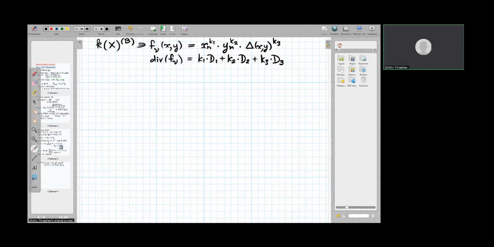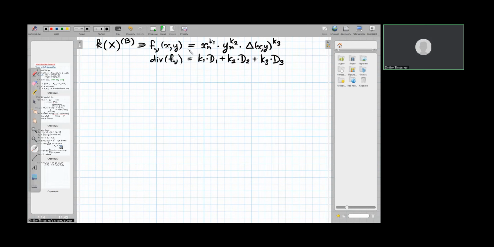And this imposes the following conditions. So since the first factor is of degree k1 in xn, the second factor is of degree k2 in yn, and the third factor is of degree k3 both in x and y, in coordinates of x and y.